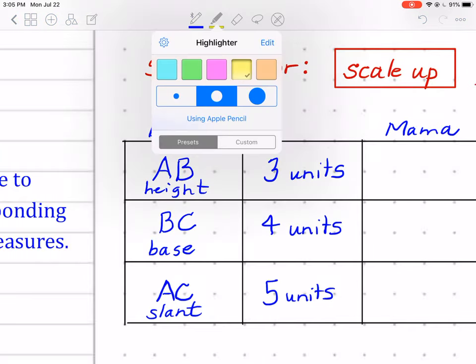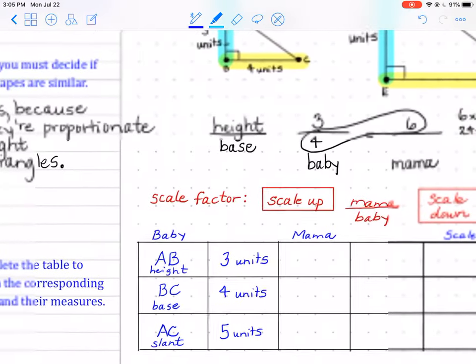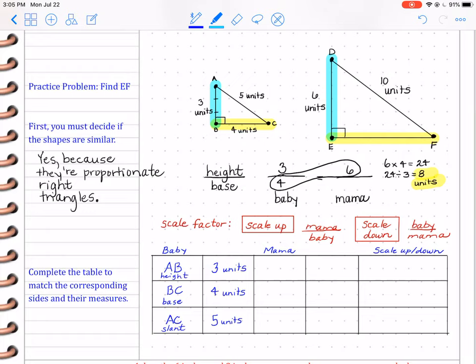And just to make this even plainer, let me highlight. So A to B is 3. B to C is 4. And A to C is 5. And I'll go ahead and mark that one too.